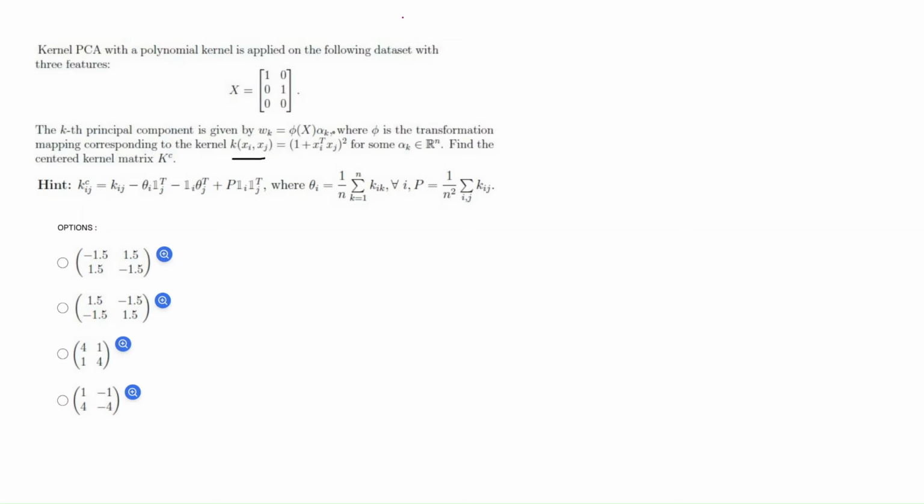So this is actually a polynomial kernel with degree 2. So the kernel matrix can be written as 1 plus x1 transpose x1 whole square, 1 plus x1 transpose x2 whole square, and the term here will be same as the term here because the kernel matrix has to be symmetric, 1 plus x2 transpose x2 whole square, right?